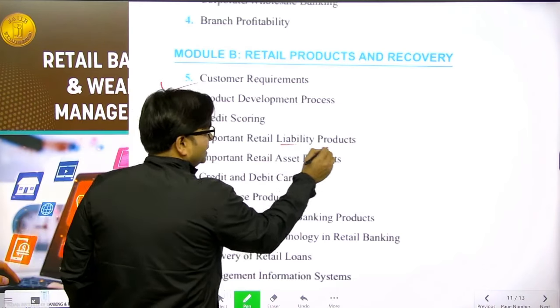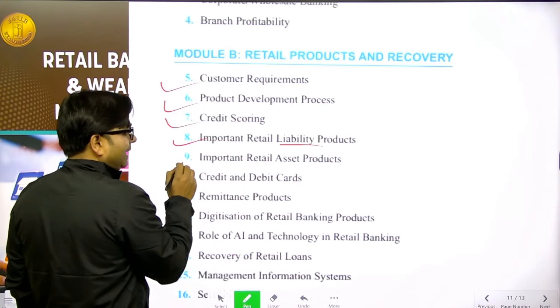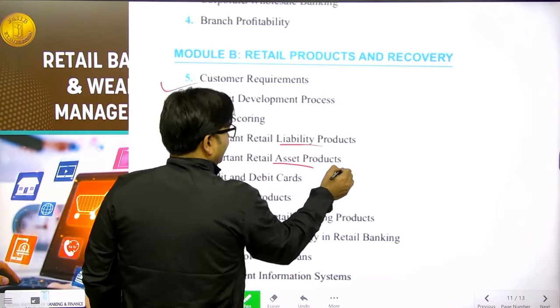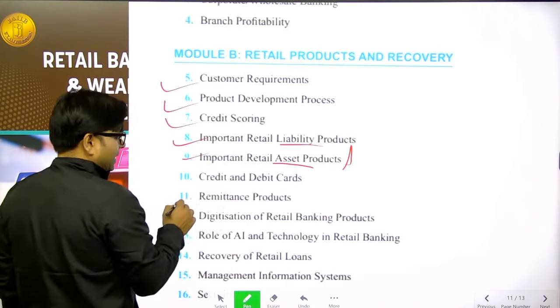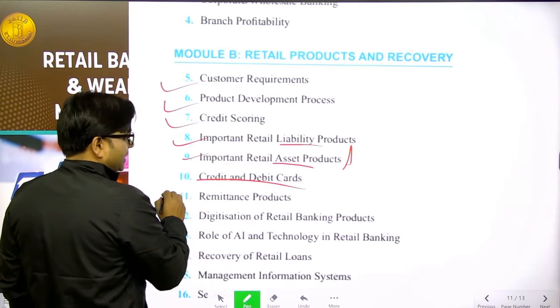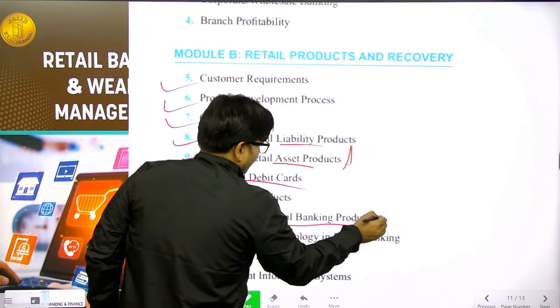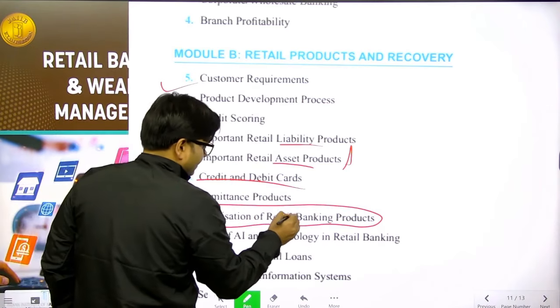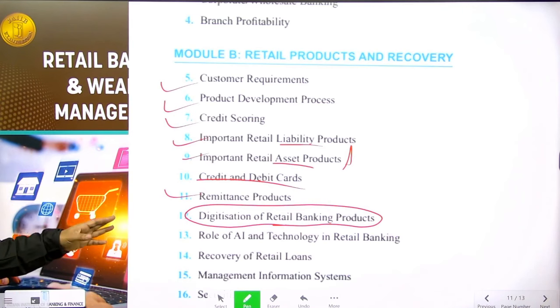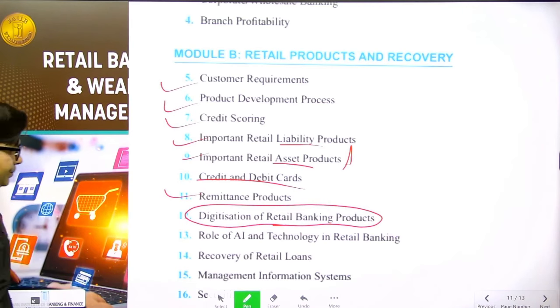Important retail liabilities products were there; important retail assets products, I think this topic has been added. Credit and debit cards were there, remittance products were there, and digitalization of retail banking products. These were also added in this particular module.